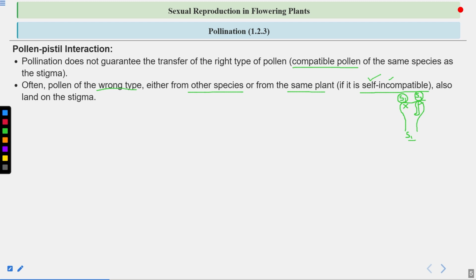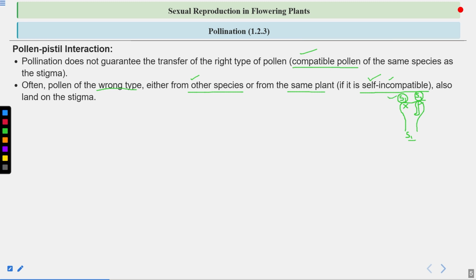And the second thing is that the pollen should be from either another species or the same plant. So if this S1 and S1, this pollen grain is from the same plant and S2 is from another plant, S2 will germinate, that is compatible. S1 does not germinate, so that is incompatible.